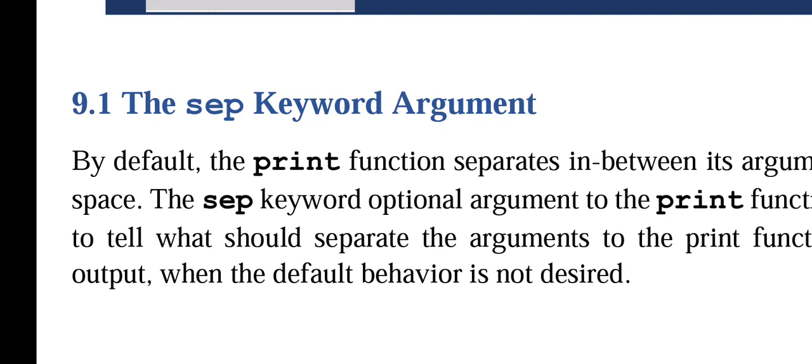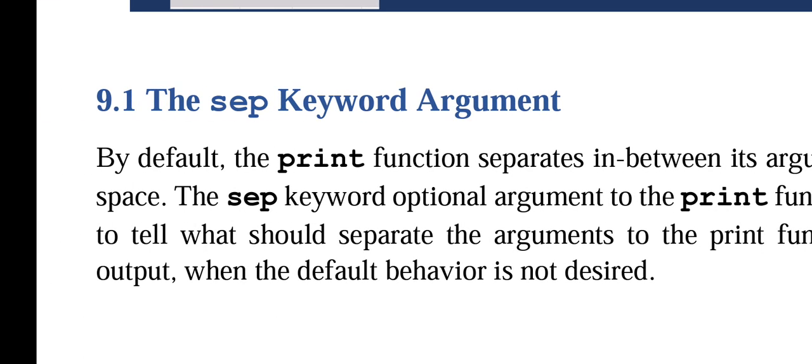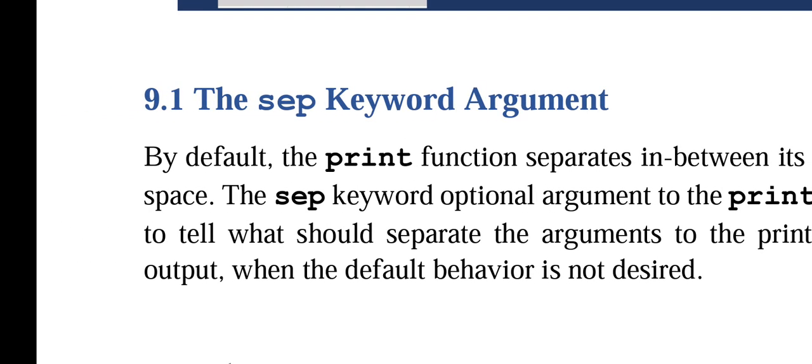The sep optional keyword argument in the print function is used to tell how to separate the arguments to the print function in the output when the default behavior is not desired. So if we don't like the default behavior of separating the arguments with a single space in the output, we use the sep keyword argument.